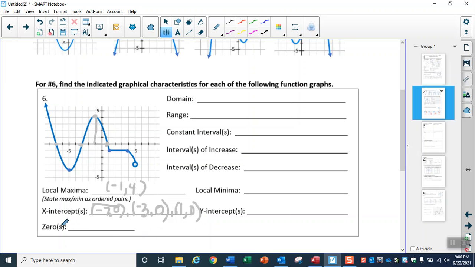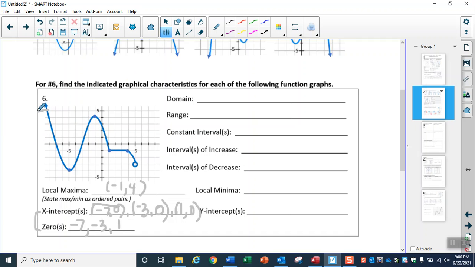And then zeros, all you have to do is put the x values. So -7, -3, and 1. Okay, x-intercepts and zeros are the same thing. They're just written differently. All right, and then if I'm going to do my domain here, remember domain is left to right.